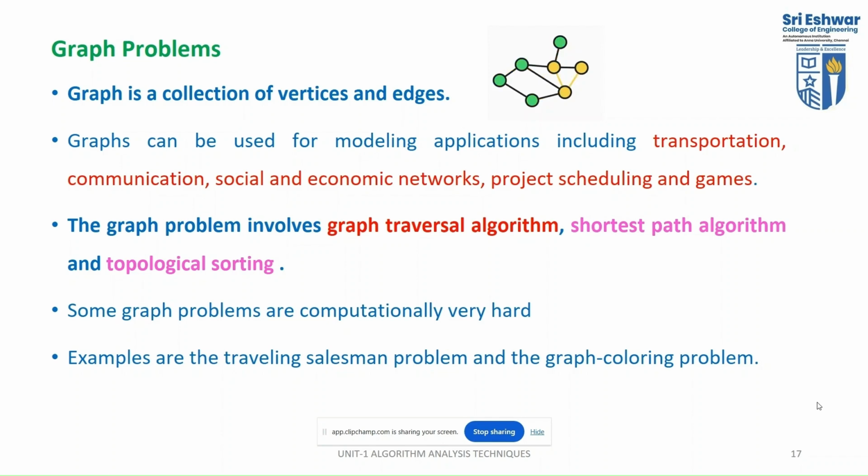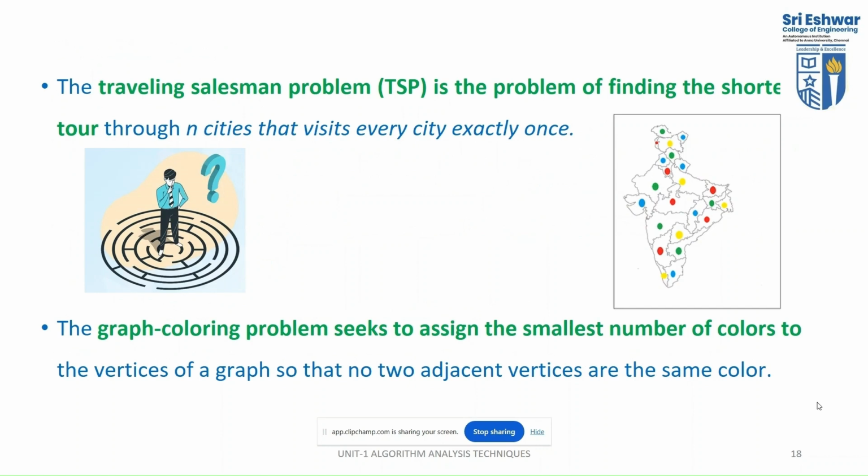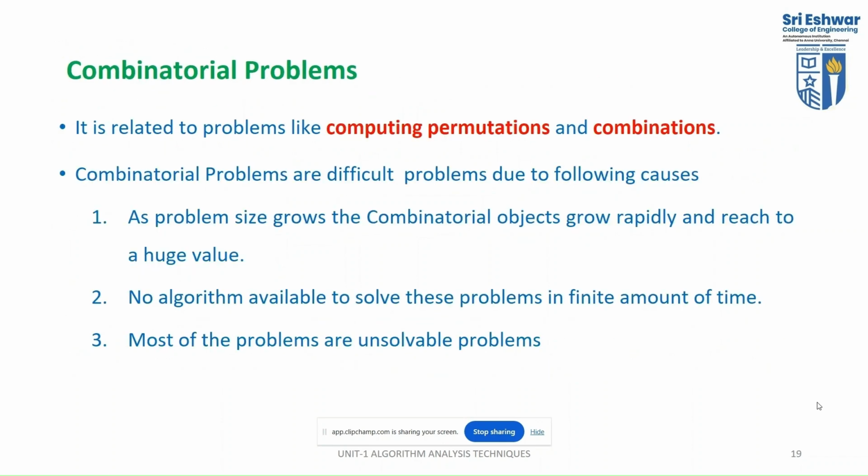Examples for this will be traveling salesman problem and graph coloring problem. Traveling salesman problem is the problem of finding the shortest path through n cities that visits every city exactly once. Graph coloring problem seeks to assign the smallest number of colors to the vertices of a graph so that no two adjacent vertices are of the same color.